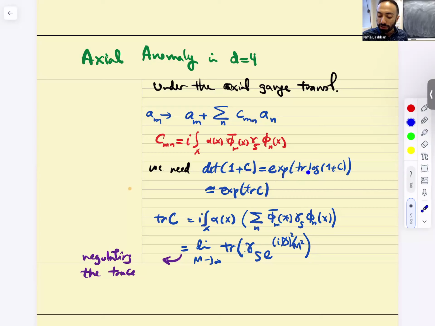You can view that as exponential of trace of log of this, and you approximate this by exponential of trace of c. So we're going to be after trace of c. For now, let's ignore this integration part. What we have to calculate is trace of gamma 5.